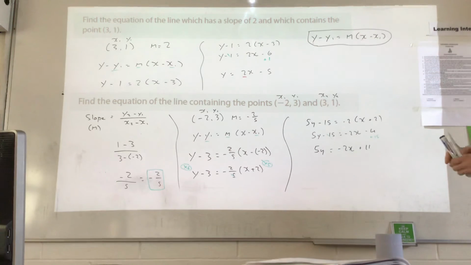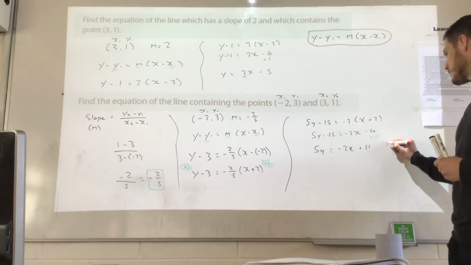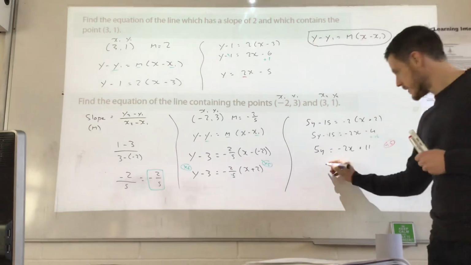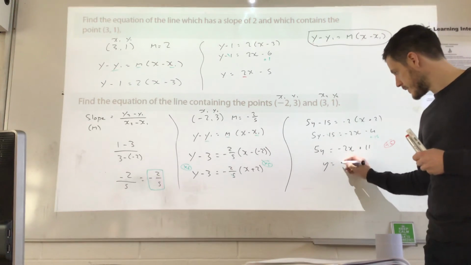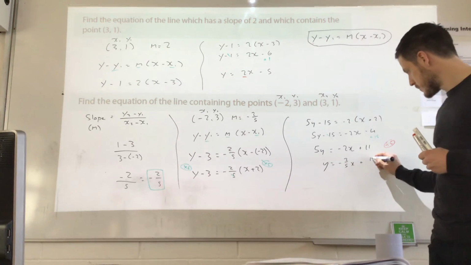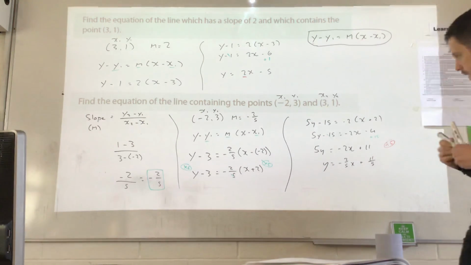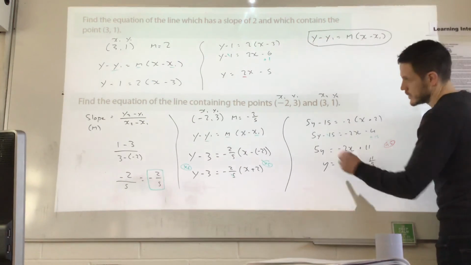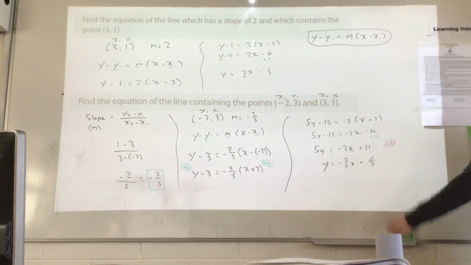And finally, to get y by itself, I'm going to divide everything by 5. That's going to leave this with y, this minus 2 over 5x, I'm going to leave it as a fraction, plus 11 over 5. And if you look here, y is by itself, which means the slope is minus 2 over 5, which matches what we have over here, so we know we're right.